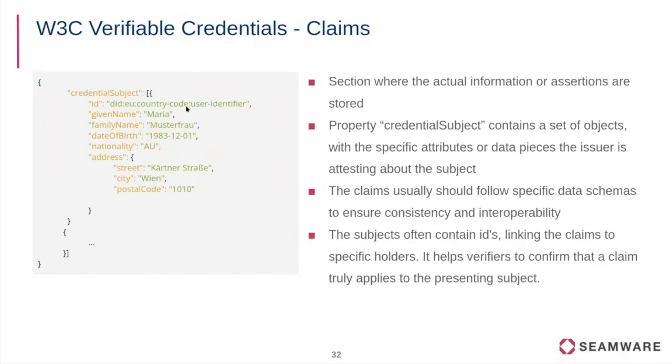So in the case of an identity credential, it usually also links to the concrete identifier of a person. That might help the verifier to confirm that a claim truly applies to the presenting subject. There are other mechanisms to bind a credential to the holder. We will go into this later, but that's one of the options that you have.